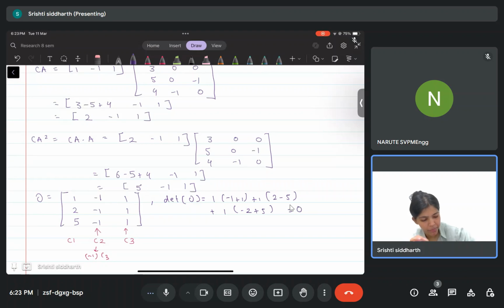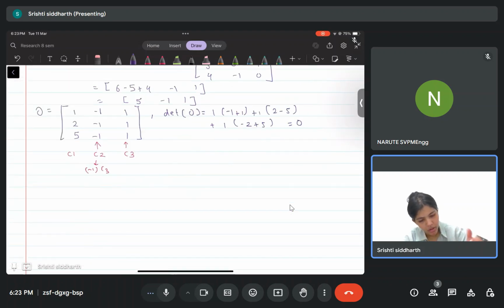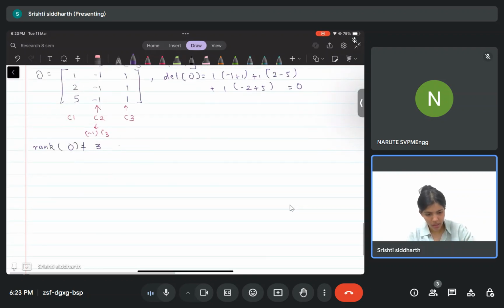This is 0. So this implies that the rank of the observability matrix is not 3, it's 2. Therefore, the pair (C, A) is not observable.